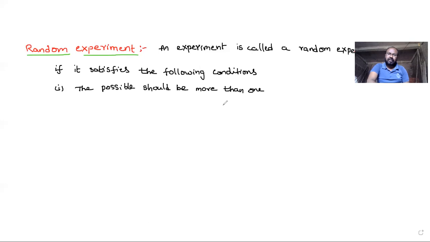That means, suppose in tossing a coin, the possible outcomes are two. What are those? Head and tail. So here we have more than one outcome.